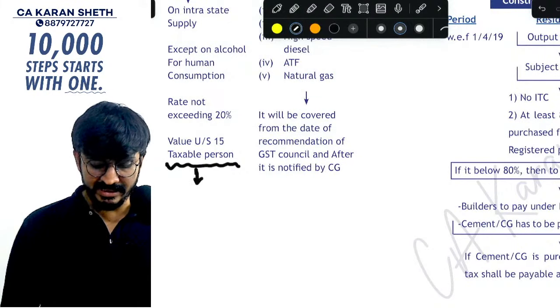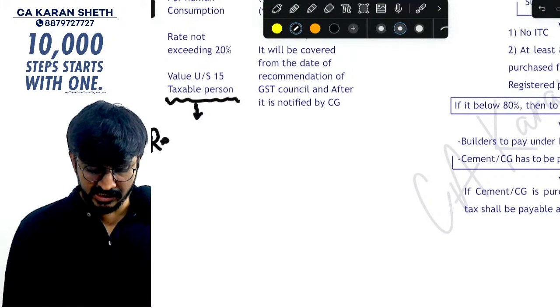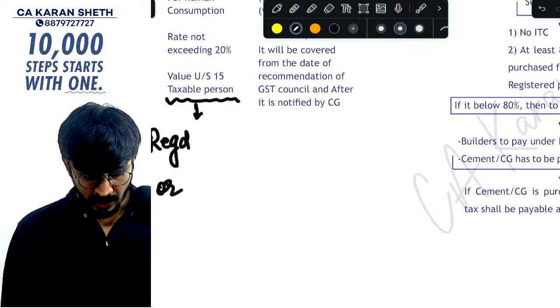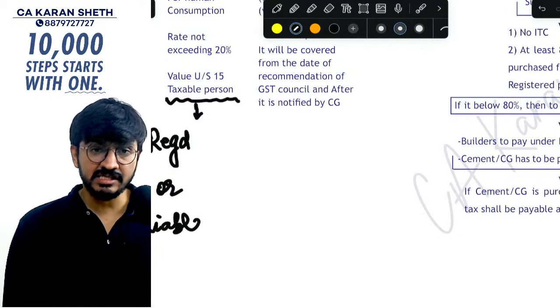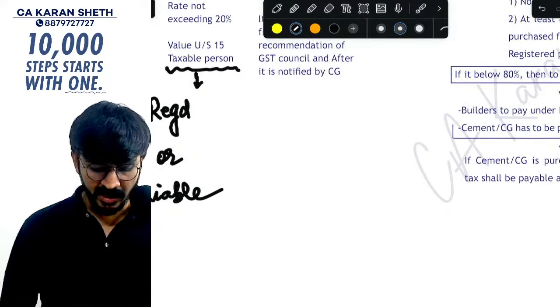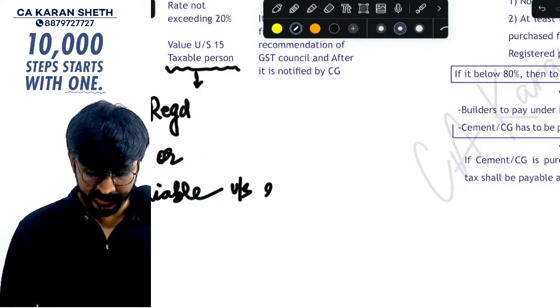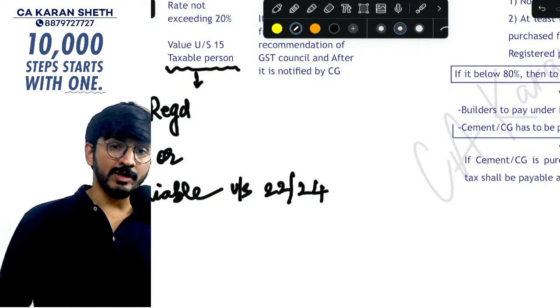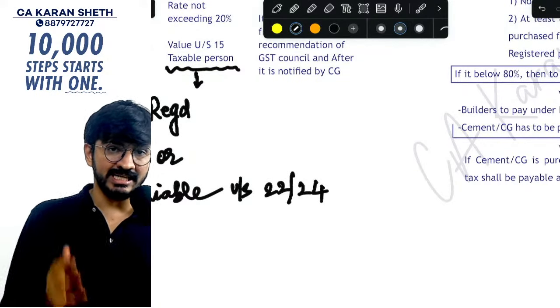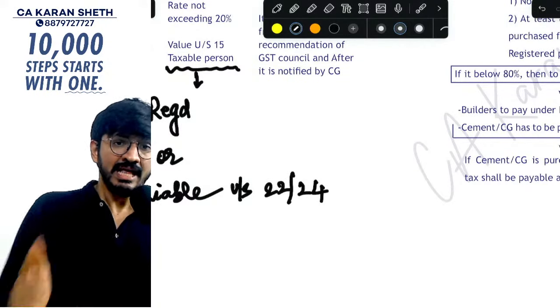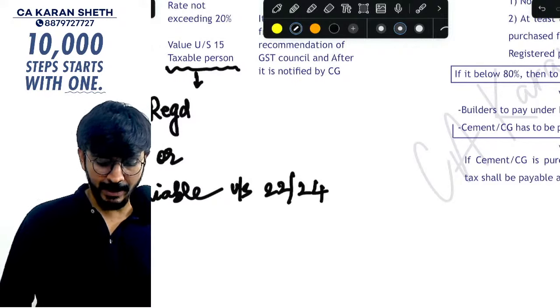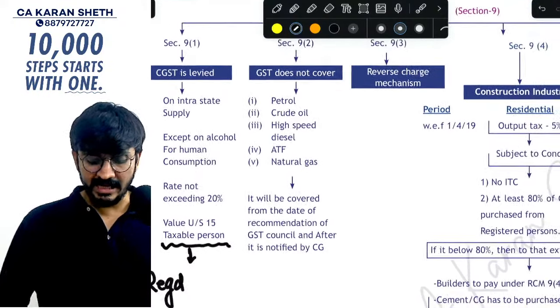A taxable person is one who is either registered or liable to be registered under section 22 or 24. Section 22 is the threshold limit, 10 lakh, 20 lakh, 40 lakh, and section 24 is compulsory registration.